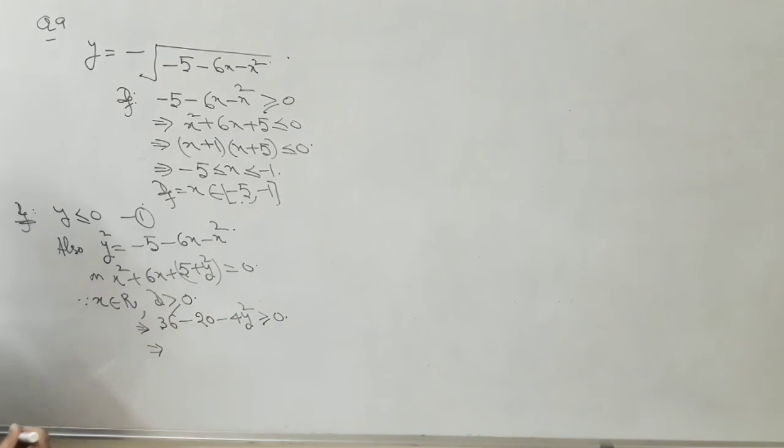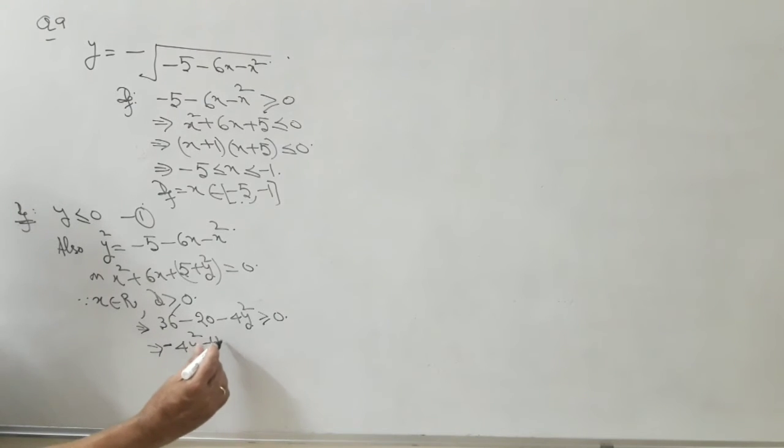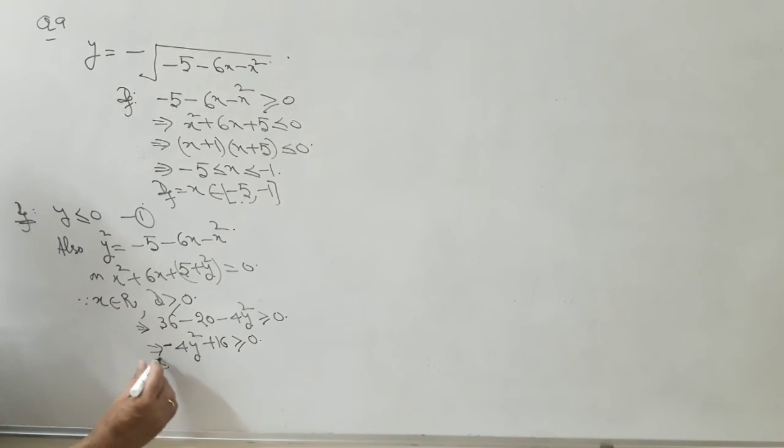Implies 4y square minus 4y square plus 16 is greater than equal to 0. Implies y square is less than equal to 4.